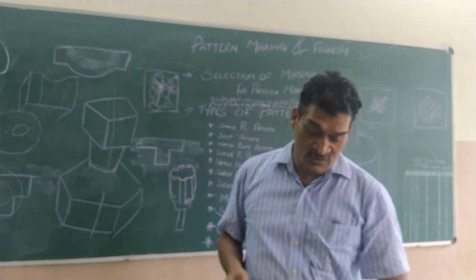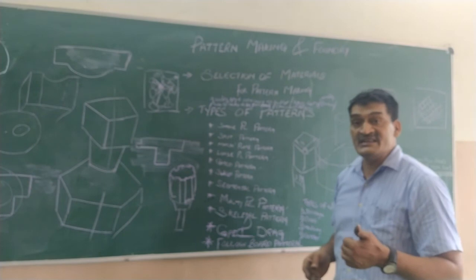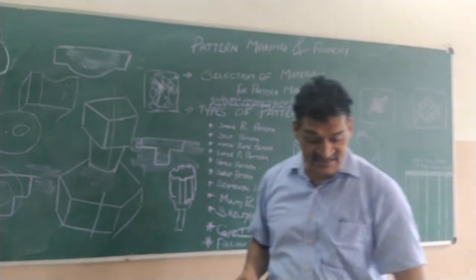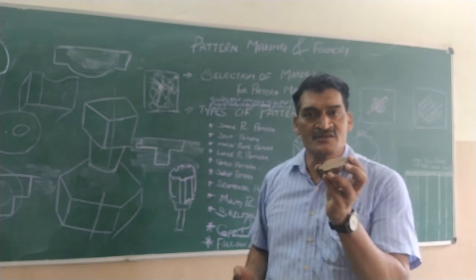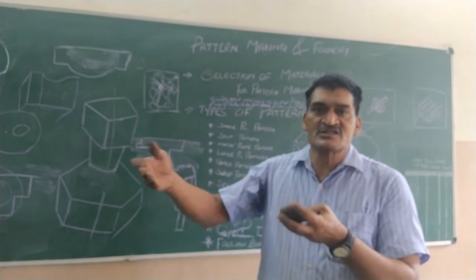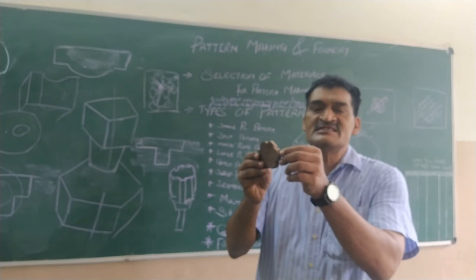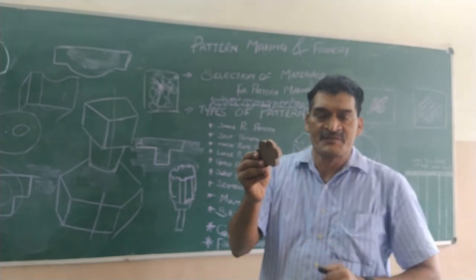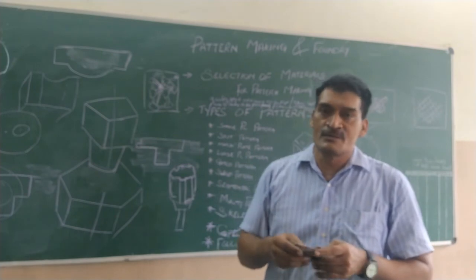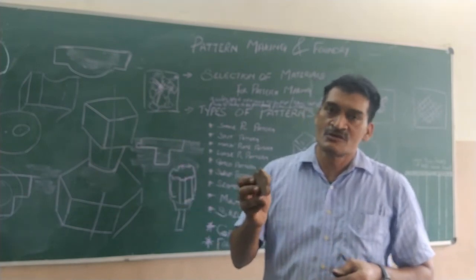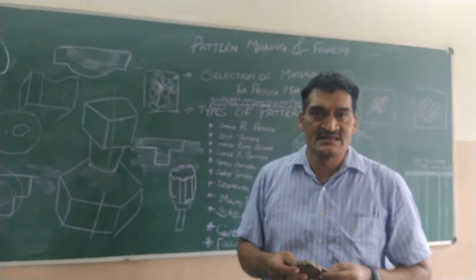Now, first was quality. Second is quantity. As I have said, I want to make 1,000 numbers. If I make it of wood, in course of time, you will see the edges peel off. So wood is not a good material for making many molds. So I will use metals.